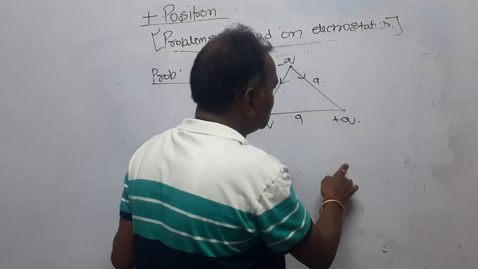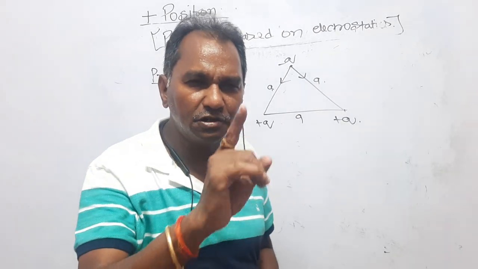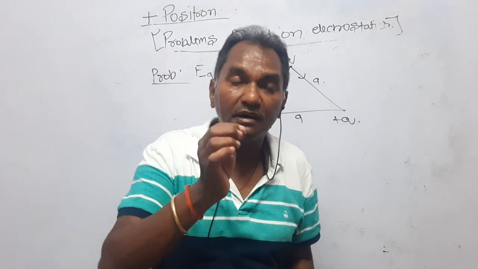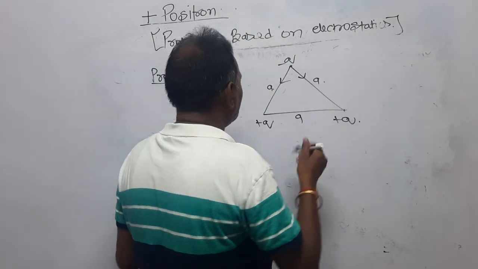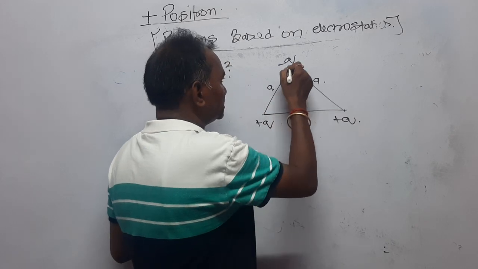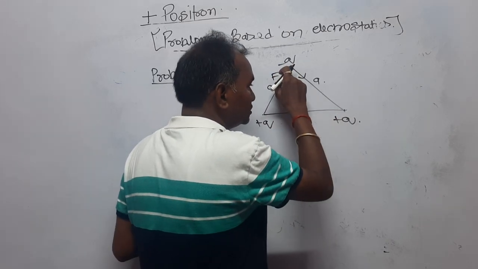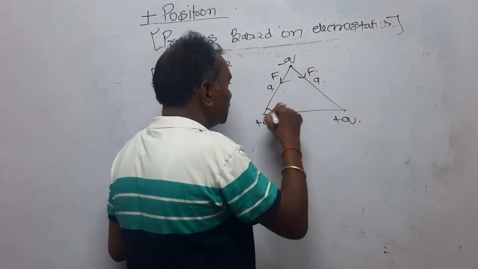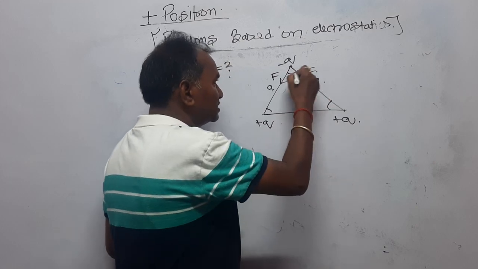On this combination too, if you apply Coulomb's law, 1 upon 4 pi epsilon naught Q into Q over a square, the magnitude of the force is the same in both cases. So let the force due to this charge at this point be F, and the force on minus Q charge due to this plus Q charge is also F. And since it is an equilateral triangle, all these angles will be 60 degrees.